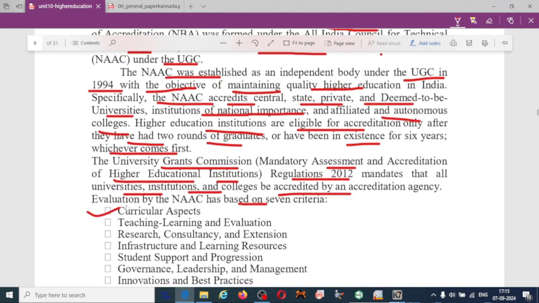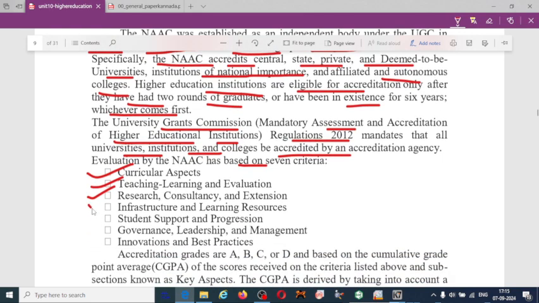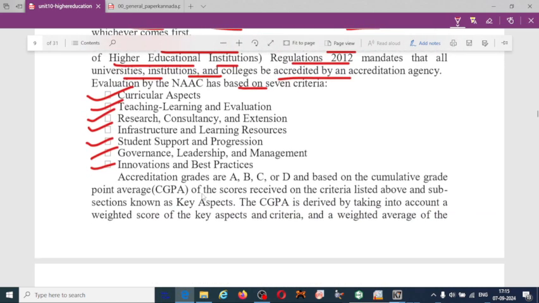The first one, curricular aspects; teaching, learning and evaluation; research, consultancy and extension; infrastructure; student support and progress; governance, leadership and management; innovation and best practices.